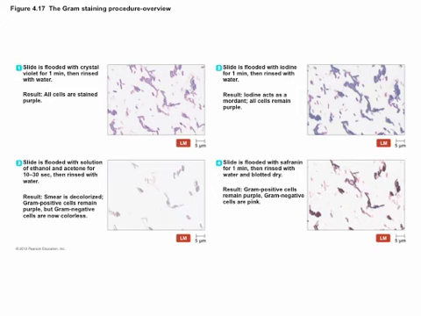And what the gram iodine actually does is it goes in there and it crystallizes around the crystal violet, making it bigger. Next step, you decolorize.